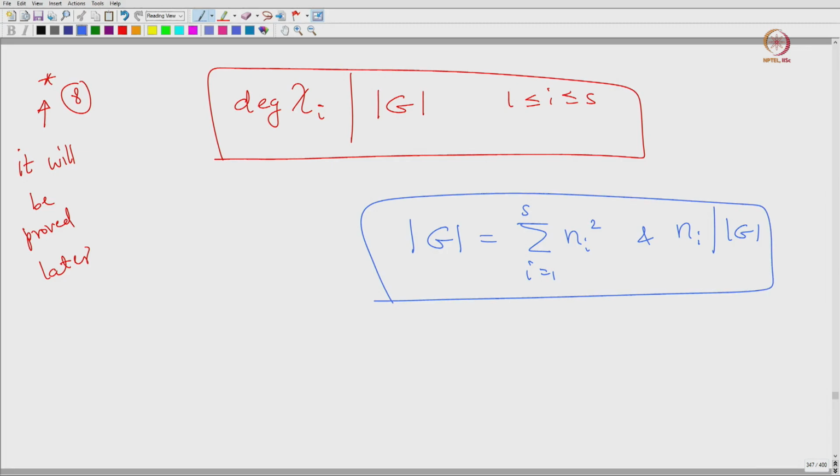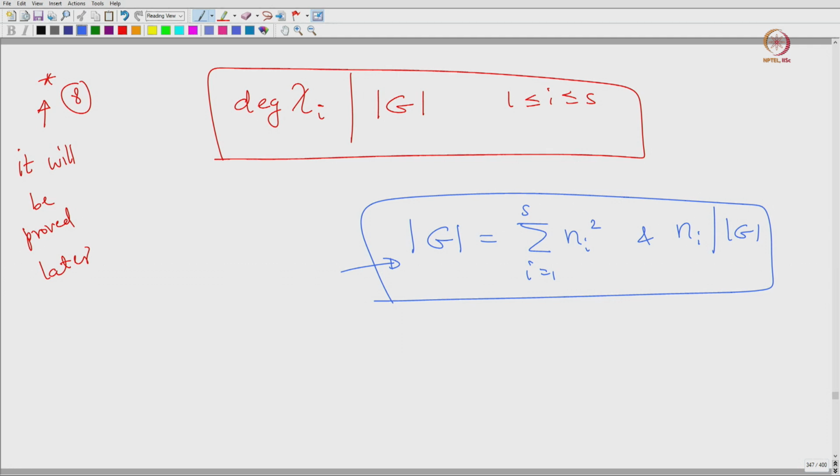They are very much restricted, especially when we are working with smaller values of the cardinality of G. We will see that these observations help us immediately determine all the possible irreducible representations for the group G. Once I prove this result 8, we will use these observations to compute character tables of some smaller groups like S4, S5, D8 and so on.